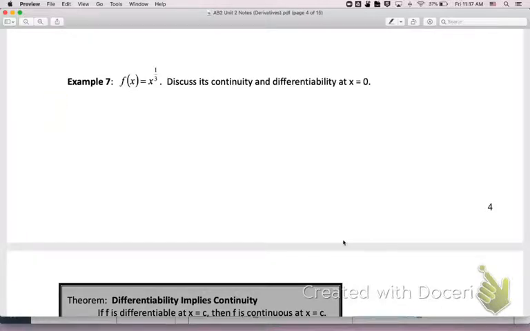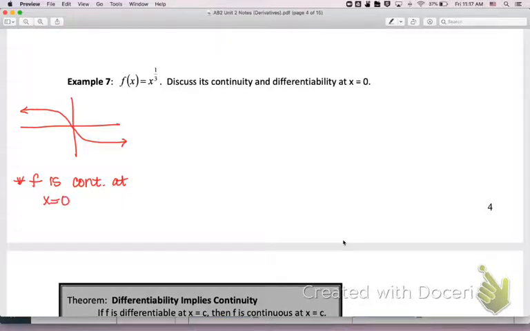We know what the graph of a cube root function looks like. It looks like this. And so there's no asymptotes or holes. This is continuous at x equals 0. And we could use the formal definition of continuity to prove that, but in the interest of time, I'm not going to. The differentiability at x equals 0 is in question.